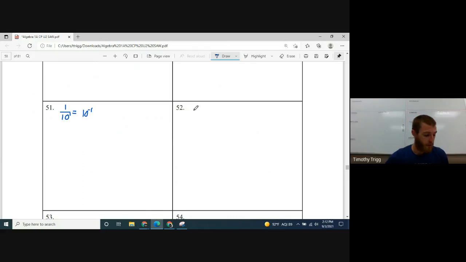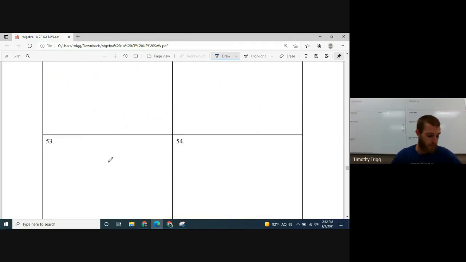Number 52 says 1 over 100. Now I can rewrite that as 1 over 10 squared, because 100 is 10 squared, which is the same as saying 10 to the power of negative 2. 10 to the power of negative 2 is the same as 1 over 10 to the power of 2. 53. 1 over 1,000.